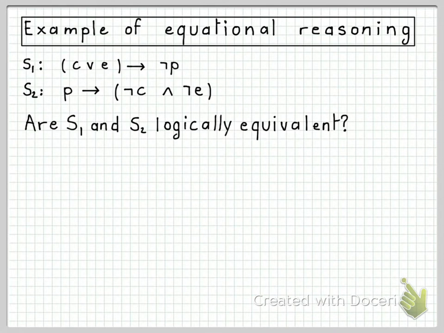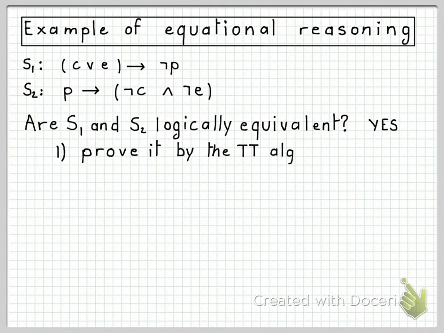So let's think about how to solve this problem. Well, we already solved it, and we know the answer is yes. We did that in Lecture 3. And the method we used there was to use the truth table algorithm. Remember, we built a truth table with both S1 and S2, and then we checked that the two columns corresponding to the input propositions S1 and S2 were identical.